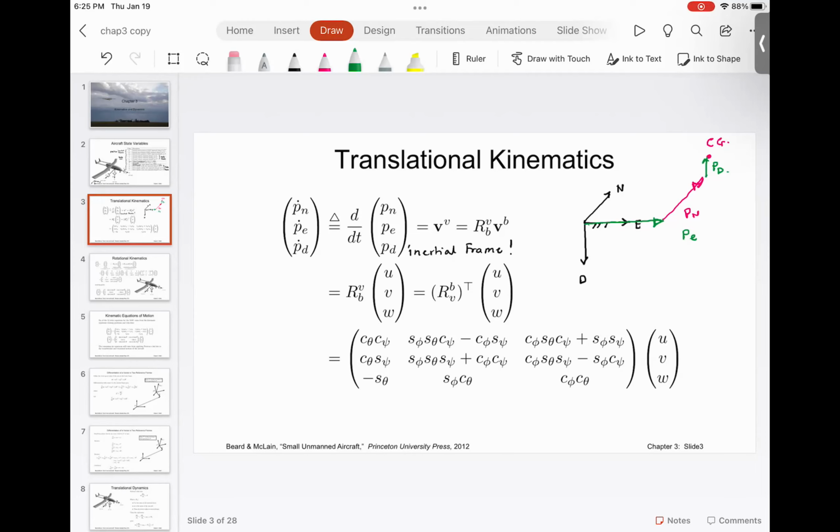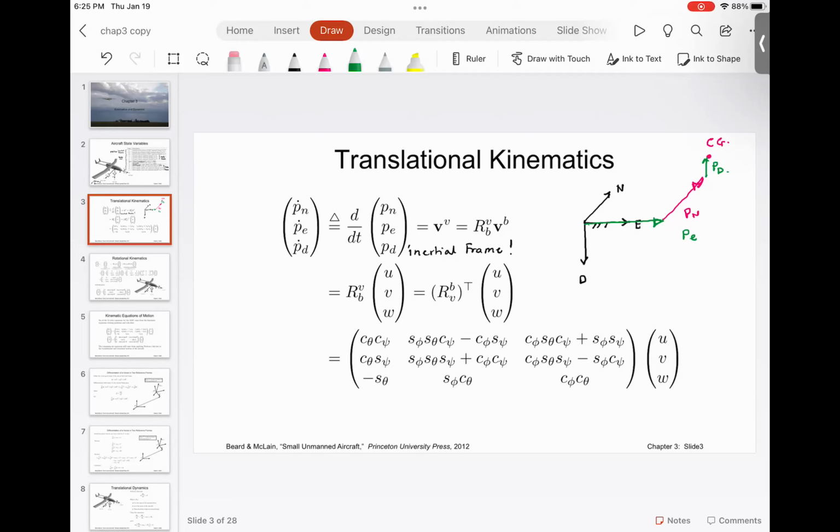Everyone agrees with me? And this equation is valid only because the frame in which those displacements are expressed is not rotating. I will repeat this once again. If I take the derivative of these displacements, I would get velocities. And this equation is valid because my frame is not rotating.